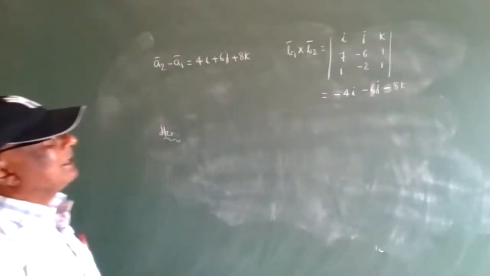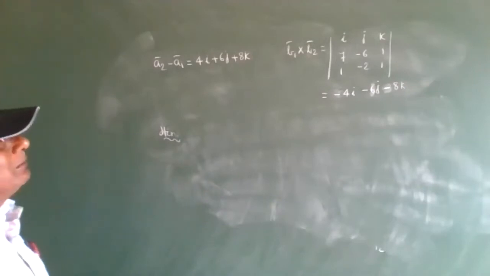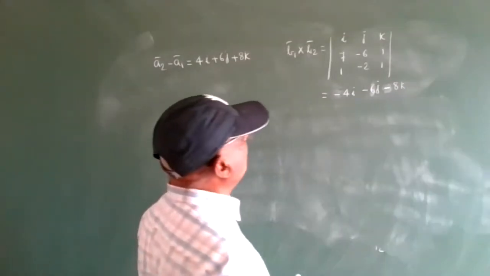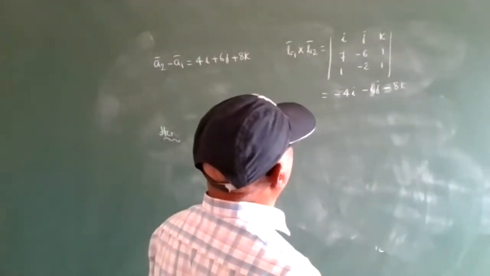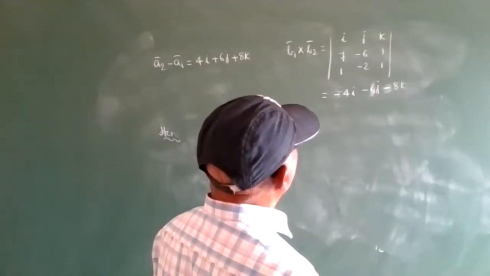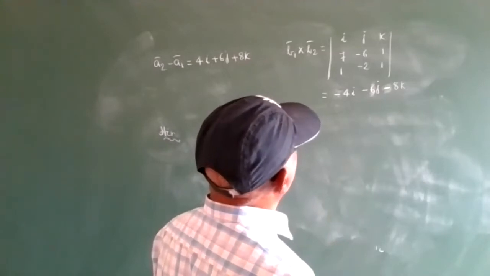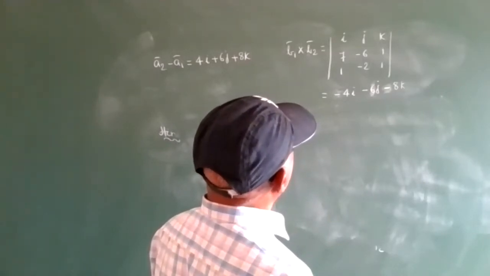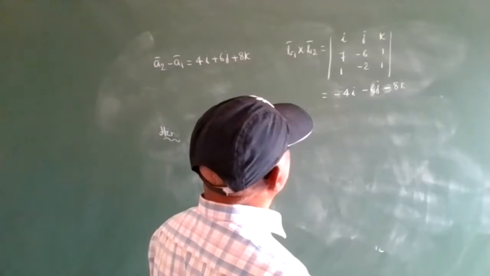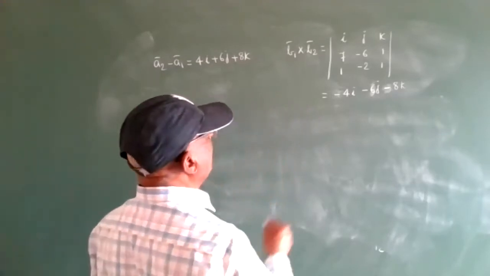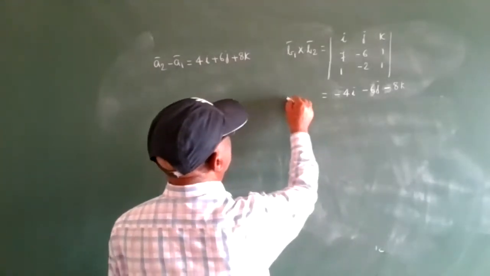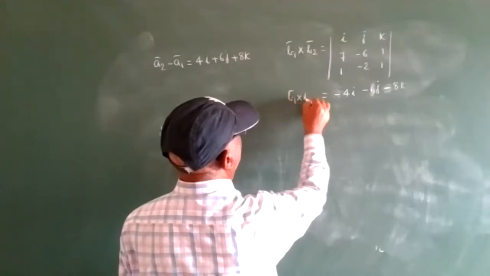Check one time, everyone: minus 4i, 7 minus 1 is 6 but with the minus, minus 6j, k is minus 14 plus 6, minus 8k. Yes, it's correct. So this is B1 bar cross B2 bar.